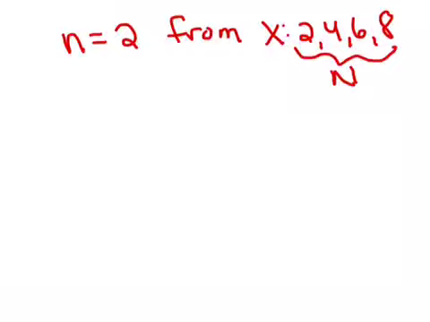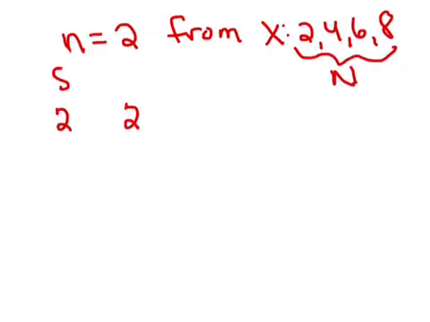The first thing I always do is look at what would happen if I chose 2 first. Okay, so here's 2 as my first choice, and then I put it back in the hat. I could choose it again. So let's do possible samples.